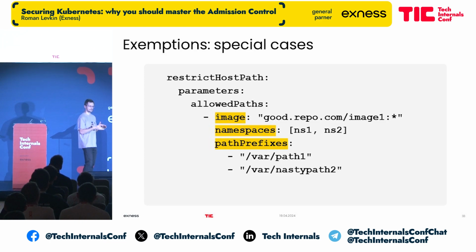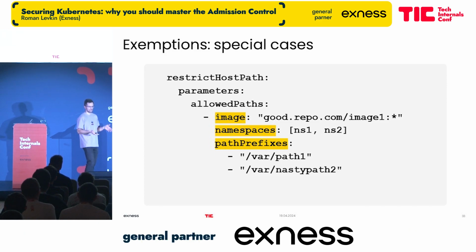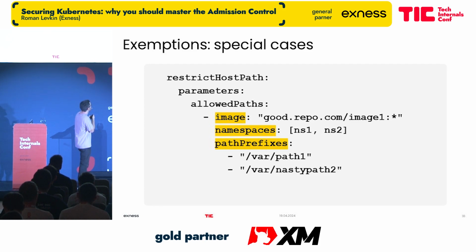For example, mounting the whole root directory from the underlying node to the container, meaning that your node is already hacked by doing so. If we provide something like a list of allowed paths, we say that it is possible to use only the paths from the list. Probably it's a good idea to add an additional setting here, like whether the path should be read-only or not.